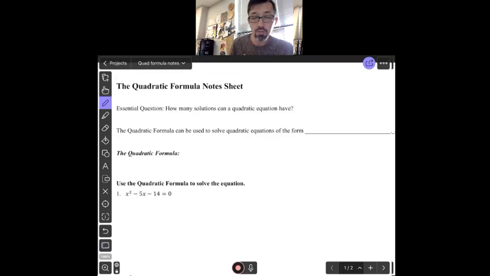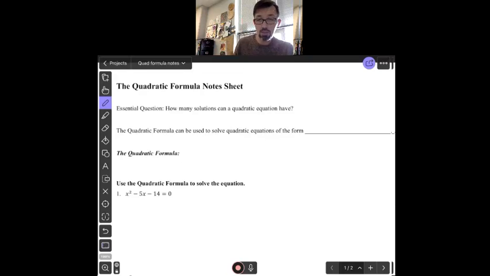And so if you can factor, you should probably factor. If you can use square roots, you should probably do square roots. If you can't do either of those things, then we bring out this and say, here's how we get the answer for the ones that don't work the other way. I know I talked about this Friday: there will be problems that say solve by factoring, so we expect you to do it that way.